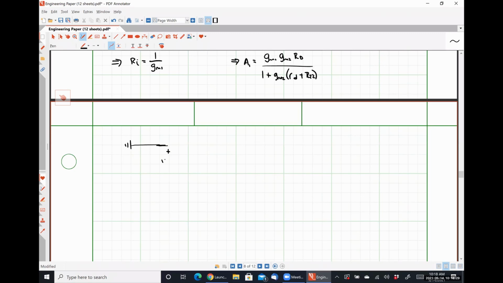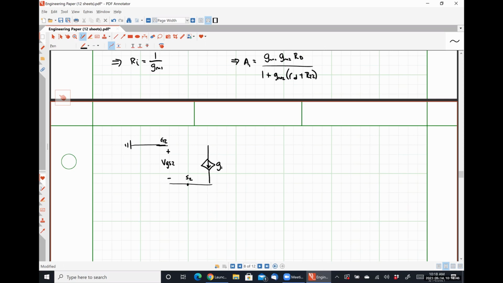Here I'm going to have VGS2. So this is my gate terminal of transistor 2. This is my source terminal of transistor 2. So up here would be my drain terminal of transistor 2.